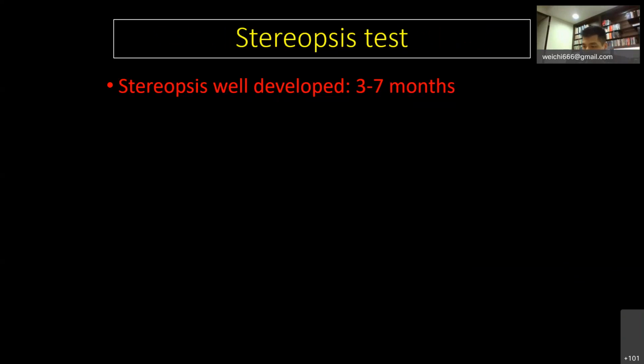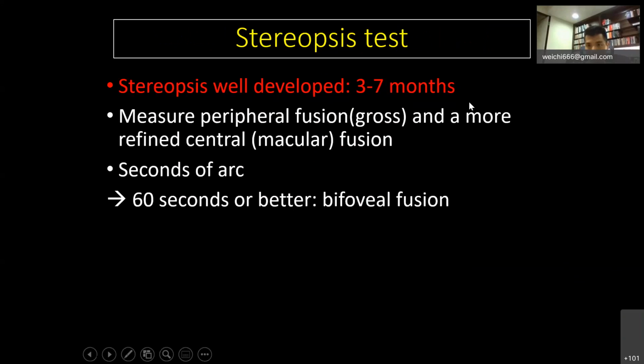Then we are also able to test the patient's stereopsis. Do you know what stereopsis is? When all of you go to a 3D movie, if you don't have good stereopsis, you might not appreciate a 3D movie that well, because you need good stereopsis to understand that there's an object coming up.